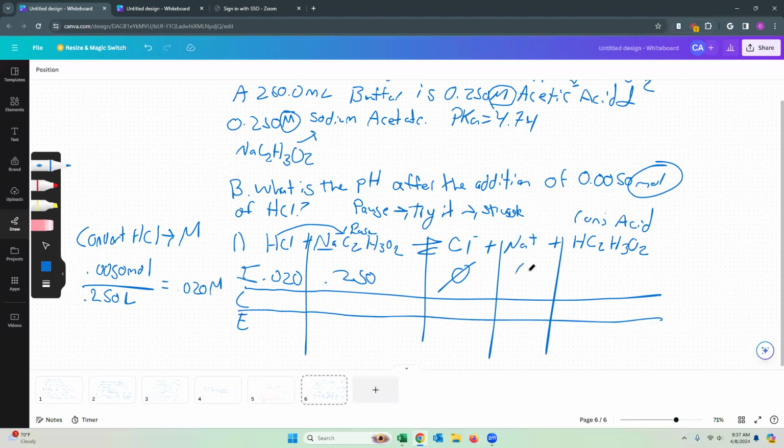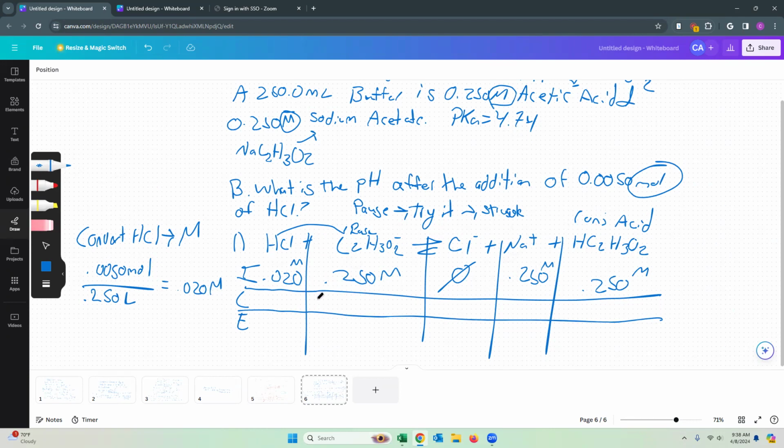We can say we don't have any sodium, but we can also write it down like this and say we have 0.250 of sodium. It really doesn't matter. The sodium's not doing anything in this reaction. And then our acid, we have 0.250 molar as well.